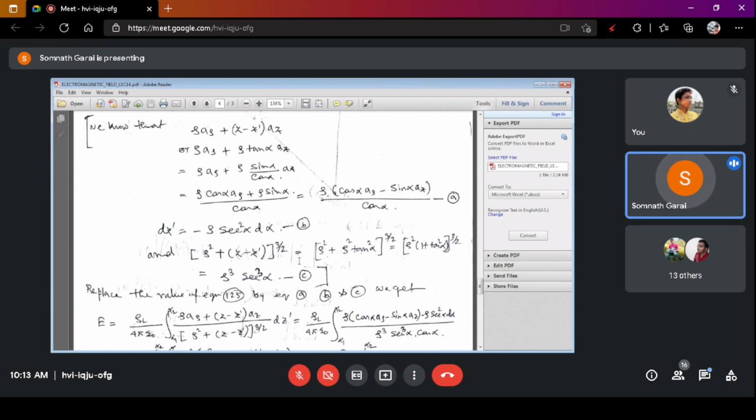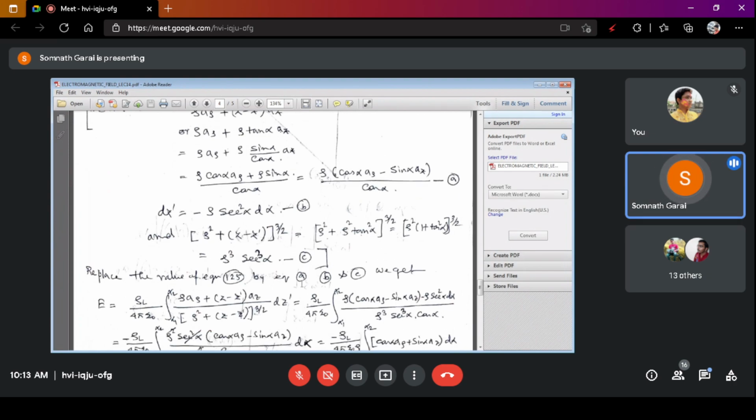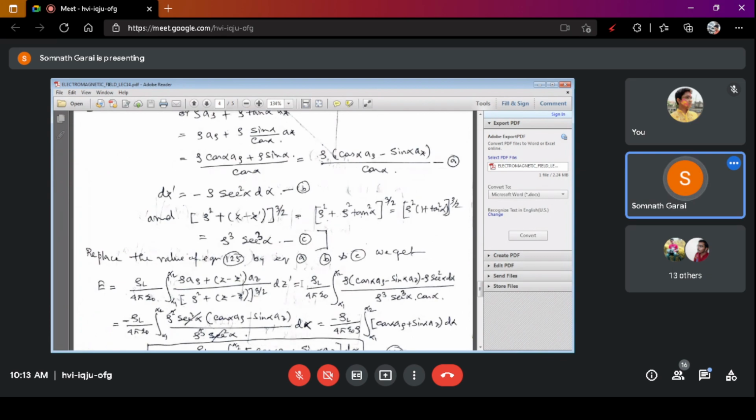Now after calculating the power, that is equal to rho cube sec cube alpha, that is equation number 3. That means the denominator part is replaced by rho cube sec cube alpha.